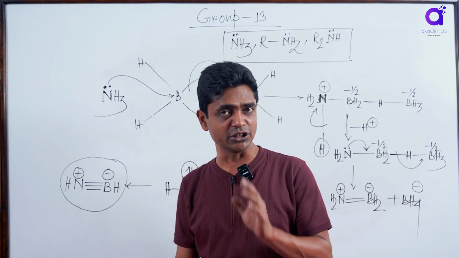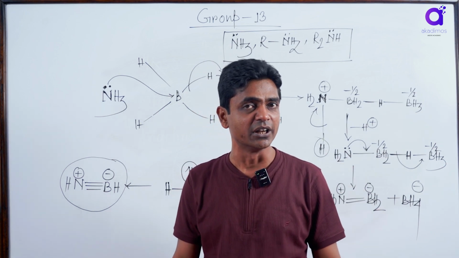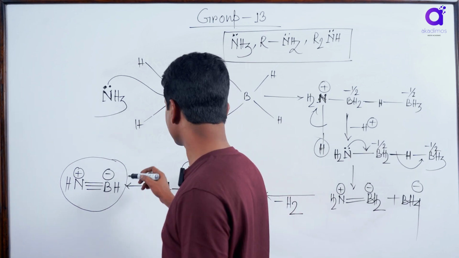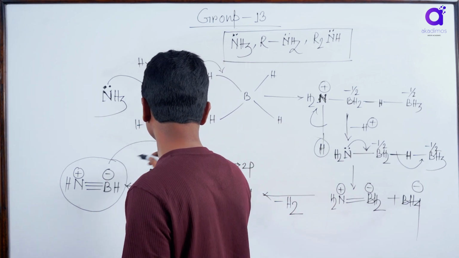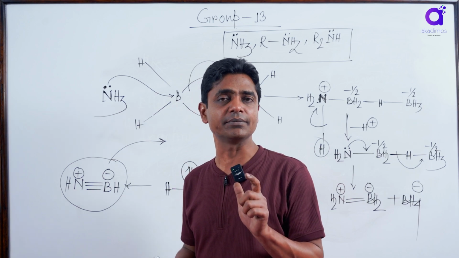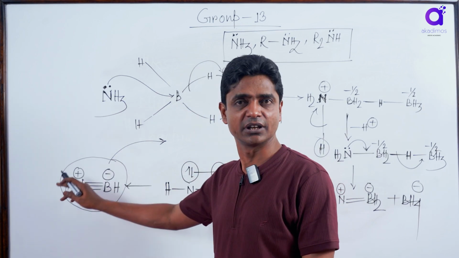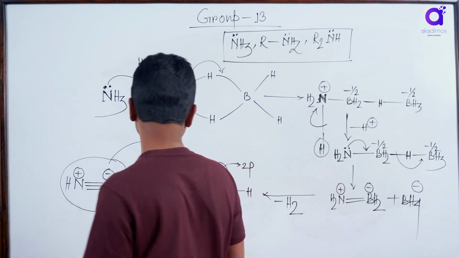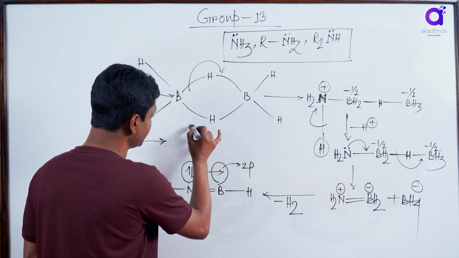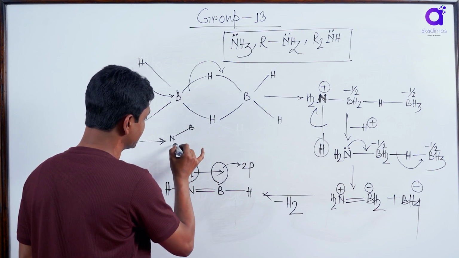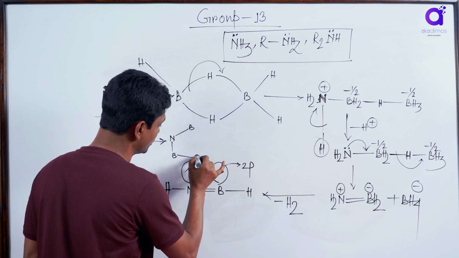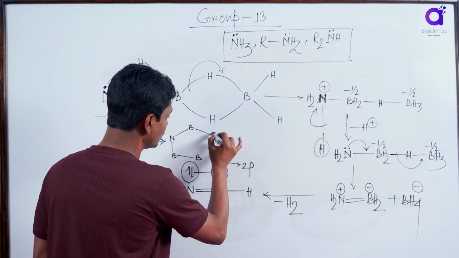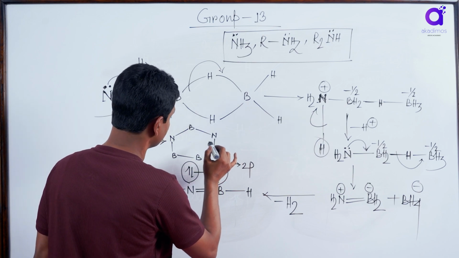And you know when you pass acetylene through a red hot copper tube, it will form a trimeric ring, that is benzene. Here also you will get it, but no red hot copper tube is required, just give heat. 3 moles of this, equivalent to acetylene, will polymerize to give inorganic benzene. See the structure of inorganic benzene: alternate boron and nitrogen, 3 moles of this BNH2 will polymerize.